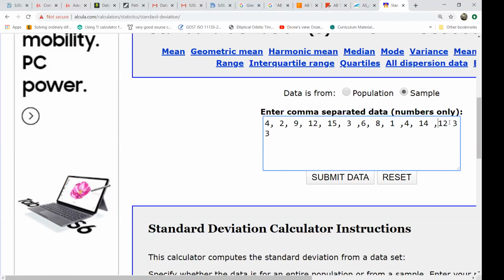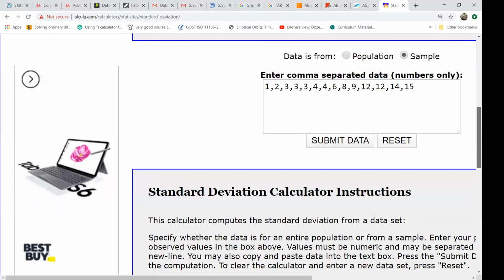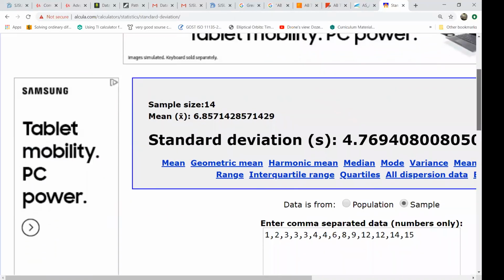As I mentioned before, your calculator doesn't calculate the variance for you. You have to calculate variance after you find standard deviation. Okay, standard deviation, sample size is 14. The mean is 6.86. So let us write this down here.